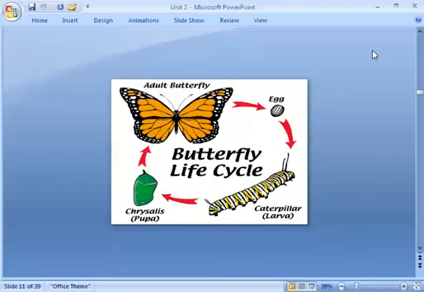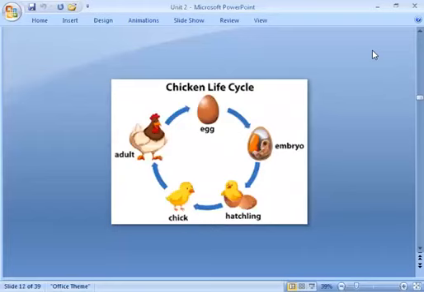Here is life cycle of butterfly. Butterfly life cycle starts from egg, larva, pupa, adult butterfly. Here is a life cycle of chicken that starts from egg, chick, to adult.